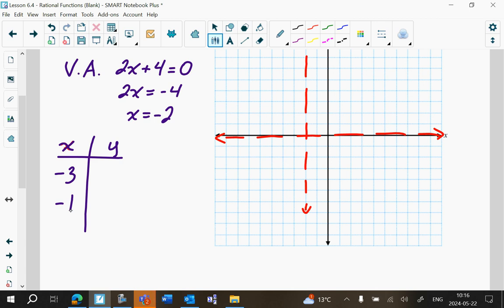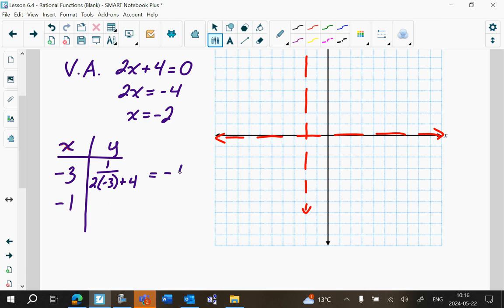So if x is negative 3, I've got to do 1 over 2 times negative 3 plus 4. That's 1 over negative 2, or negative a half. So negative 3 is going to be negative a half.